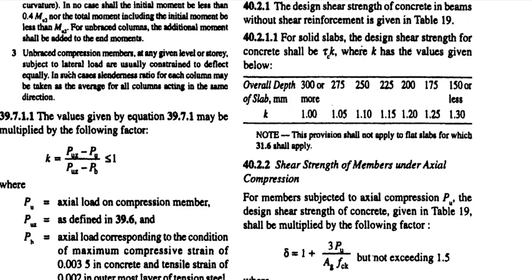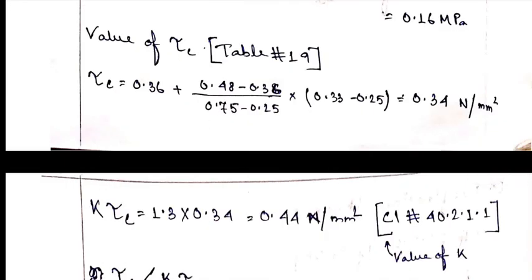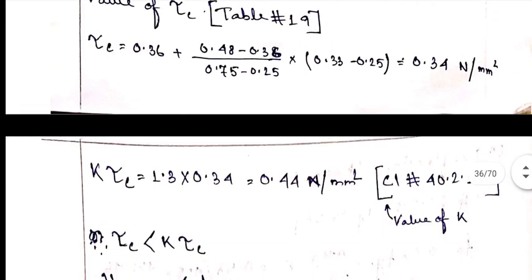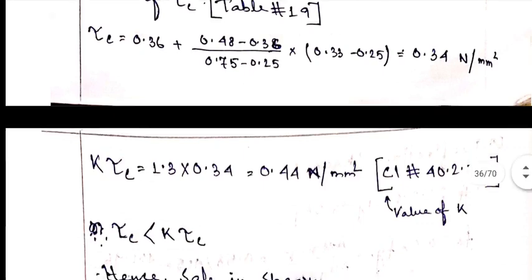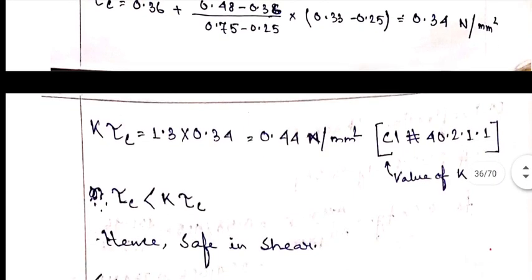Our overall depth value is 150, so the K value will be 1.3 for us. Let's check the calculation. K tau C is equal to 1.3 into 0.34, which equals 0.44 Newton per millimeter square or megapascal. So tau V is less than K tau C, hence safe in shear. That means no shear design is required for this case.